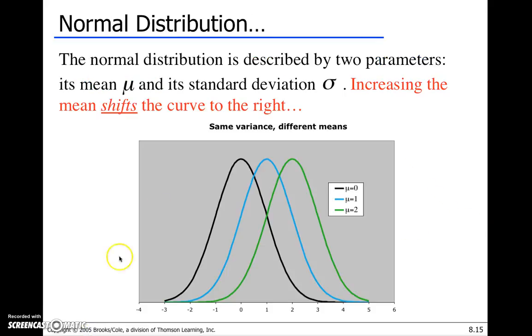Normal distribution is described by two parameters: its mean, mu, and the standard deviation, sigma. Increasing the mean shifts the curve to the right. Decreasing the mean shifts the curve to the left, because the distribution will always be symmetric with respect to the mean.